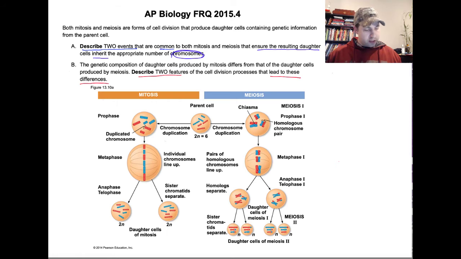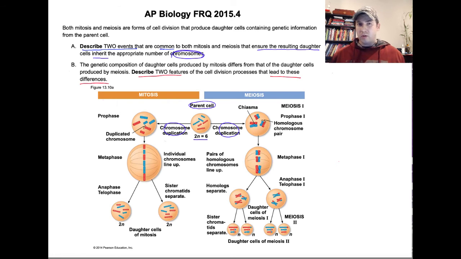The first thing I see is that in both scenarios, I have a parent cell, and that parent cell is diploid. In both processes, the very first thing that takes place is some sort of chromosome duplication. I'm about to produce offspring cells, so I have to make sure that I have enough DNA to pass along to each of the offspring. So we're going to duplicate the chromosomes.